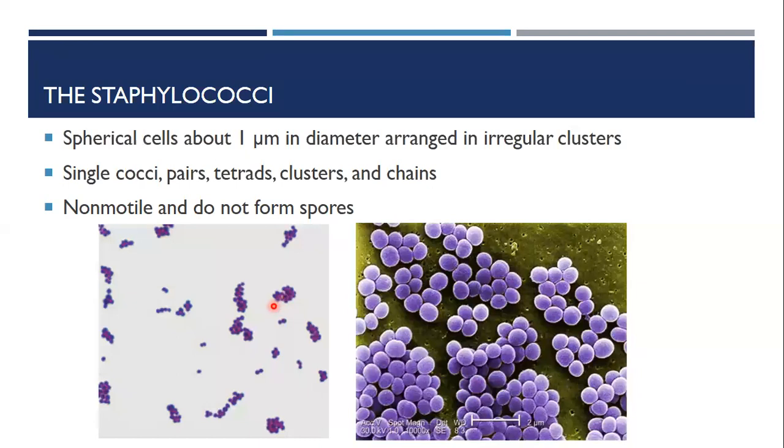Supposing it could be gram positive cocci in pairs, if this is the one pointed under the microscope, or diplococci, or gram positive in clusters, or could be in tetrads or could be in chains, as shown in the figure here. So generally, Staphylococci are non-motile and they do not form spores.